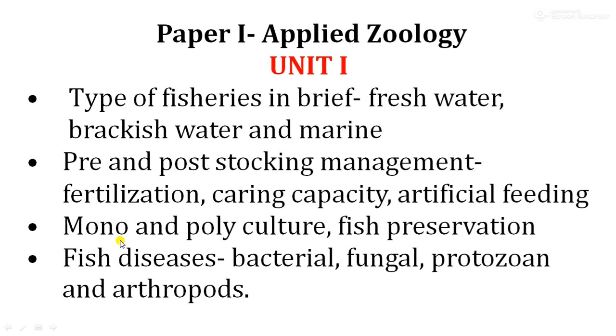Then mono and polyculture. What is meant by monoculture, polyculture? Then fish preservation, different methods of fish preservation we have to study, and the fish diseases: bacterial, fungal, protozoan and arthropod diseases. That is this much of points we have to cover in unit 1.